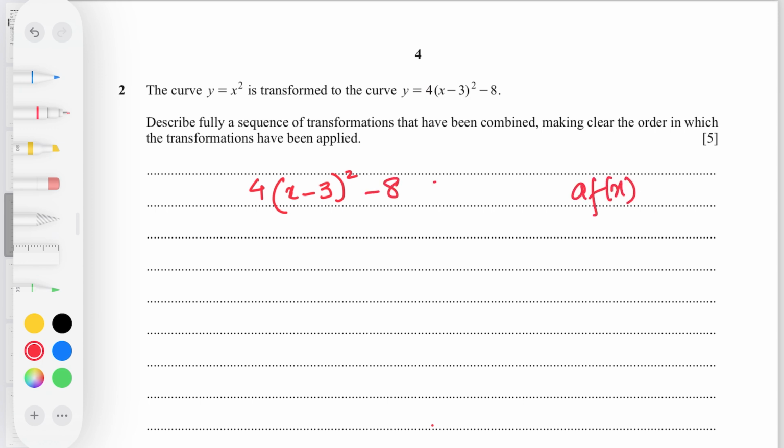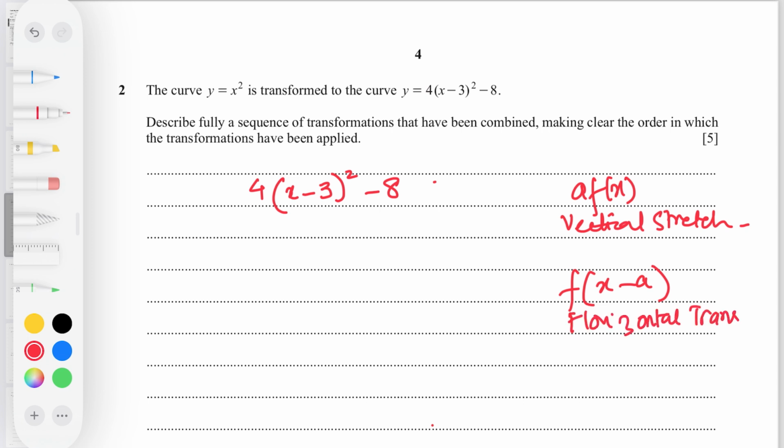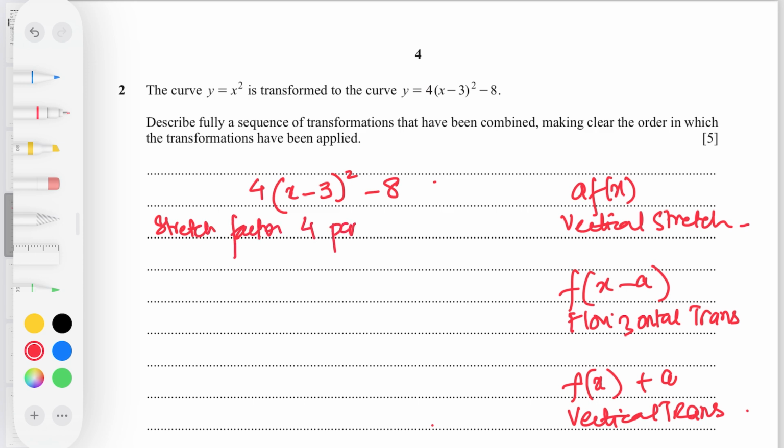a f of x is a vertical stretch. If you do a change inside the function, this is a horizontal translation. And outside is a vertical translation. Now, how do we go about that? We can say stretch factor 4 parallel to the y-axis because it's a vertical stretch.